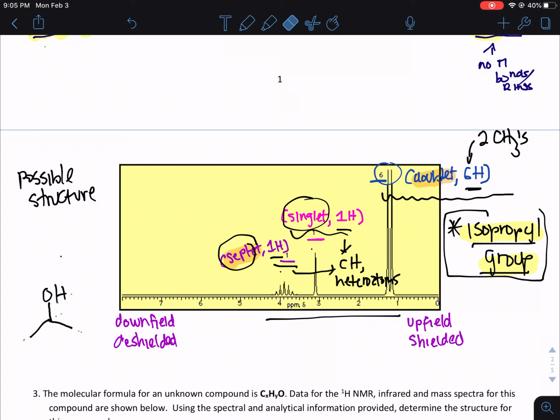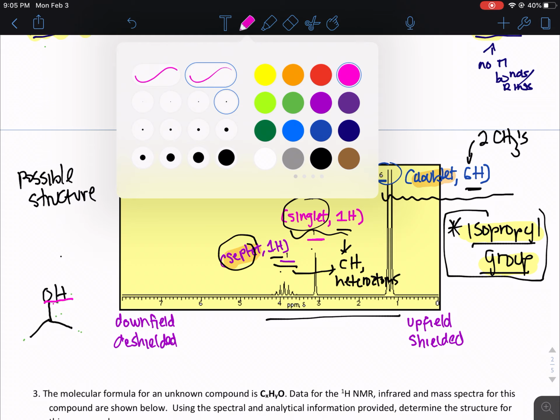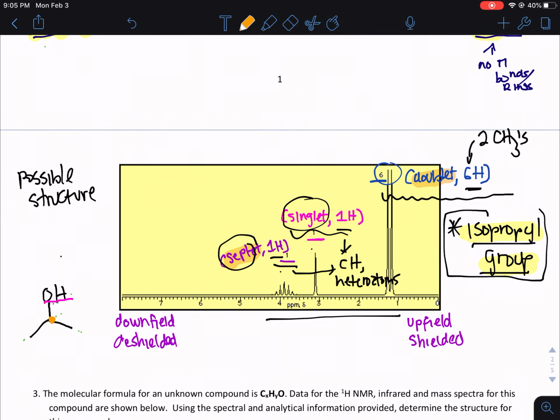This compound is going to have a signal from the OH, a signal from the CH, because they're different groups, and it's going to have just 1 signal from the CH3s, because the CH3s are equivalent. They're the same distance from the OH, they are both CH3, and they're connected in the same way, so they're equivalent protons. So basically, what you have here is 3 signals. So check, we do have 3 signals.